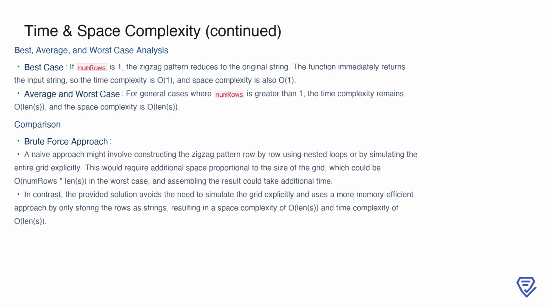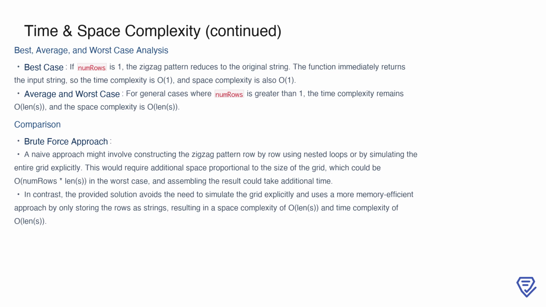Now, let's analyze the best, average, and worst-case scenarios. In the best-case scenario, if numRows is 1, the zigzag pattern is irrelevant since there's only one row. The function simply returns the input string without any additional processing, leading to a time complexity of O(1) and space complexity of O(1). For both the average and worst-case scenarios, where numRows is greater than 1, the time complexity remains O(len(S)), due to the iteration and concatenation steps, and the space complexity is still O(len(S)), due to the storage of rows.